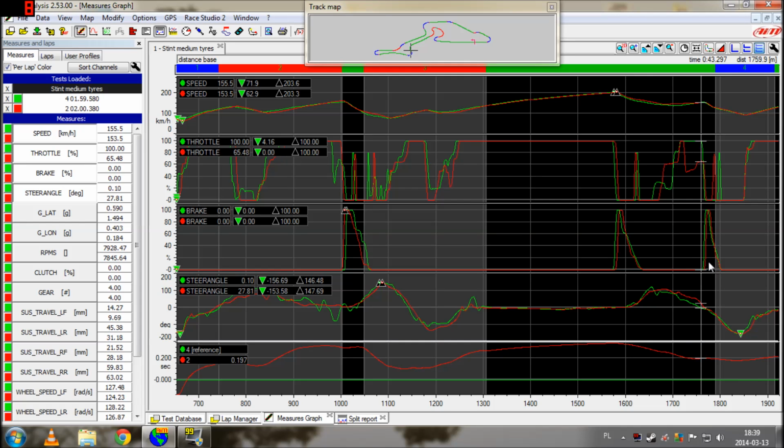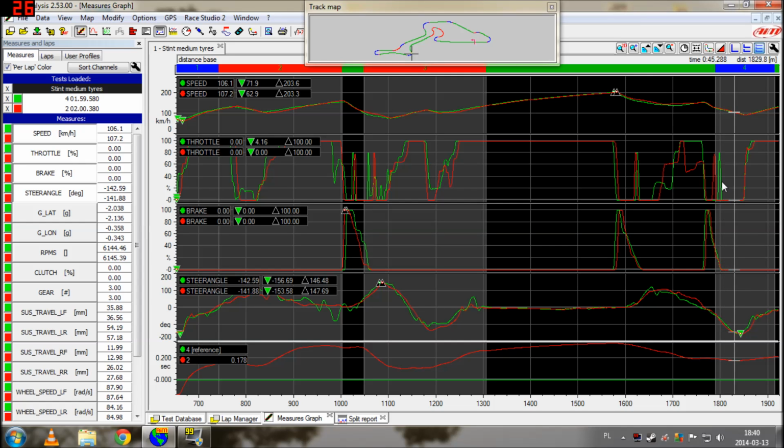Okay, it was the left turn, and now we enter the right turn. And what happens here? The difference in speed is roughly 2-3 kilometers per hour. In both cases the throttle work is good.